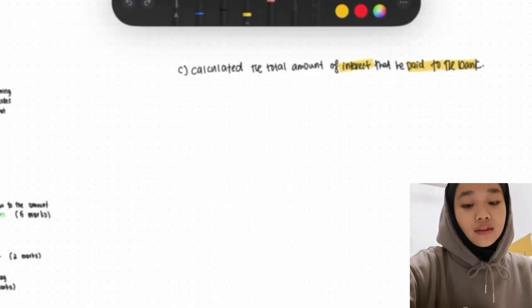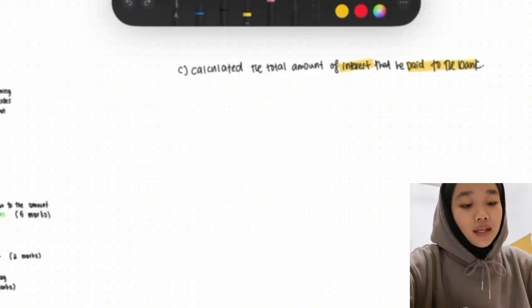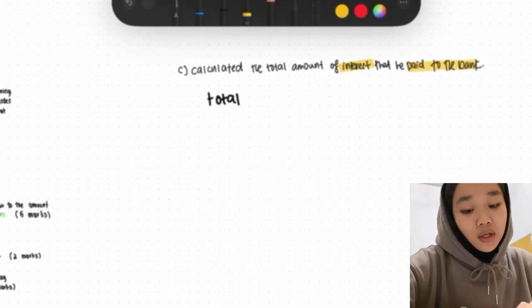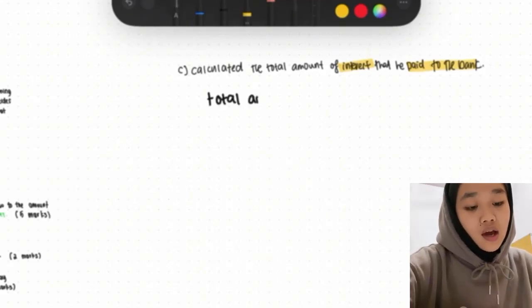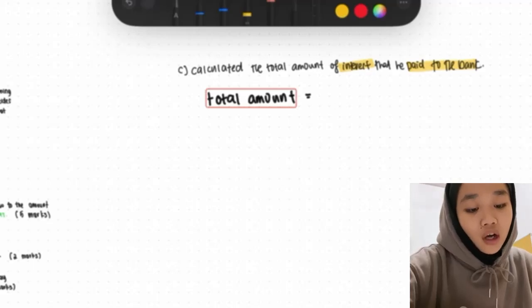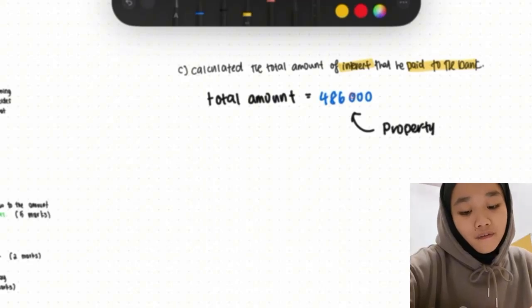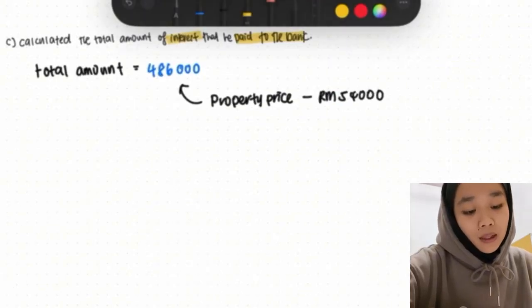Hello, my name is Patricia Dina, and now I'm going to talk about question C. So in this question, it's about calculating the total amount of interest that he paid to the bank. Continuing from the earlier calculations, Nazreen's total loan amount is 486,000, which is the property price minus the 5,400 down payment.